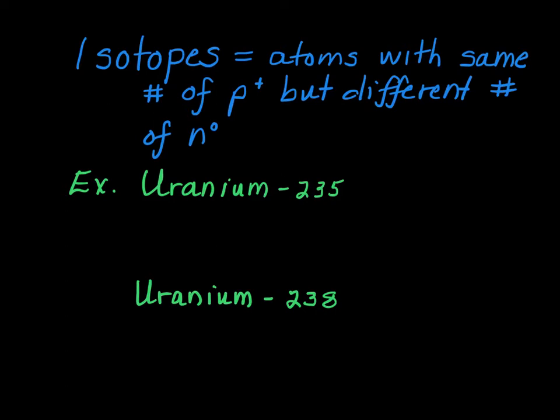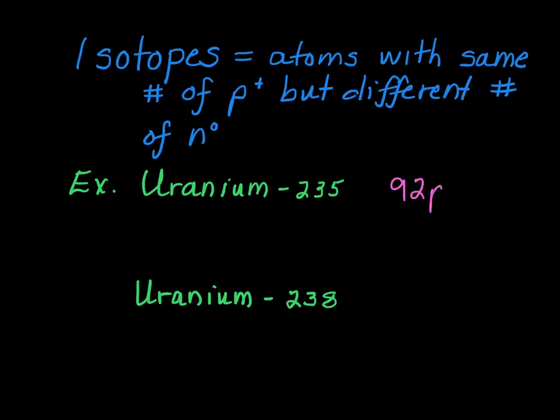Isotopes are atoms with the same number of protons, so they're the same atom, but they have different numbers of neutrons. For instance, uranium-235 and uranium-238 are 2 different isotopes. If you look for uranium on the periodic table, you'll see that it has atomic number 92.